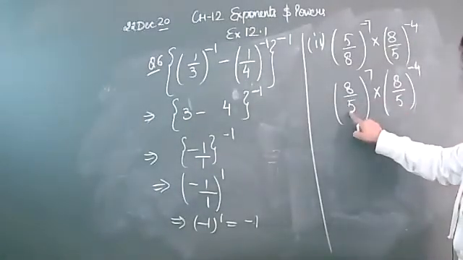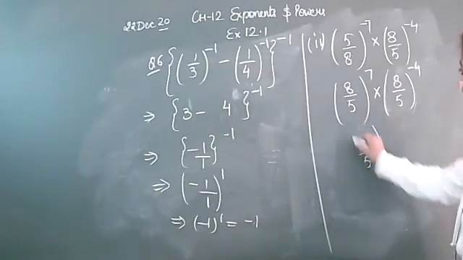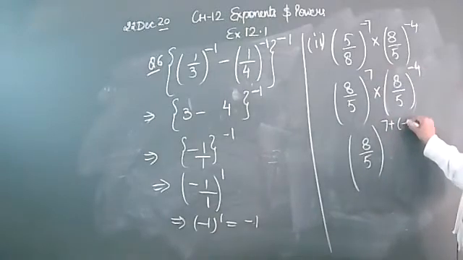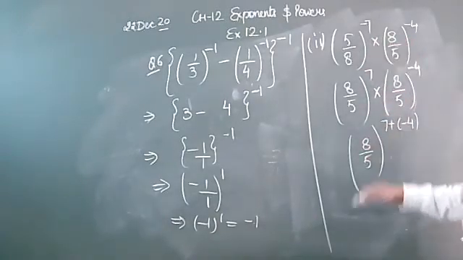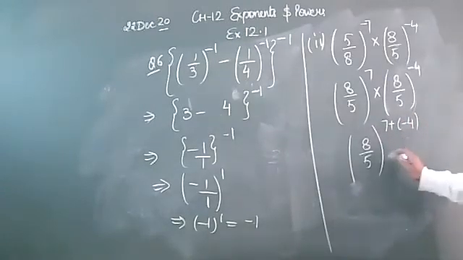So base are same, so you will write one time and the multiplication sign is there, so powers will be added. If you make the reciprocal of both the terms, it will not be possible for you to apply the law here. In this case, you will simply open up the terms and cancel it out. But if you want to use the law here, this trick should be known to you.